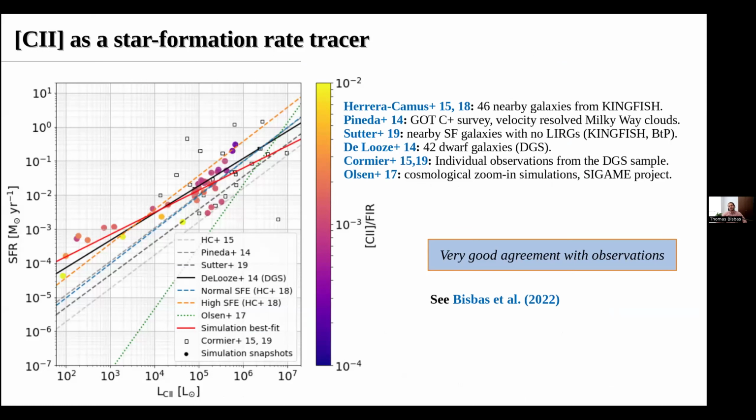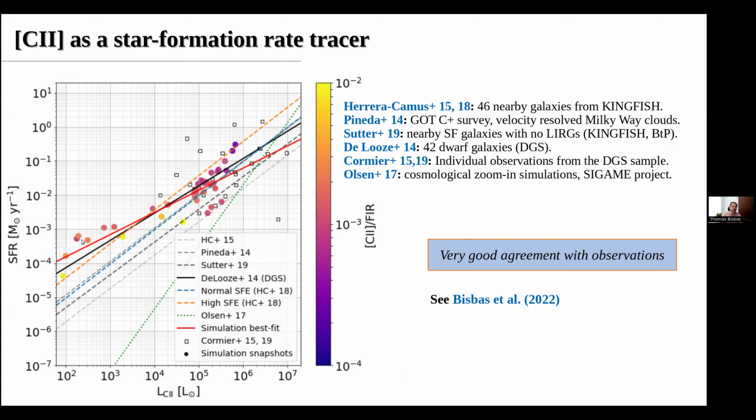And one last slide is that C+ can be used as a star formation rate tracer. This has been known a few years now from observations. So you see here different parts of observations, either individual observations or a collection and best fit results.